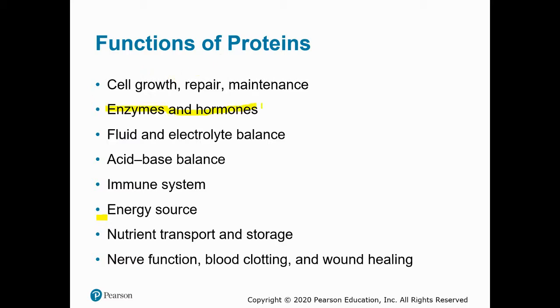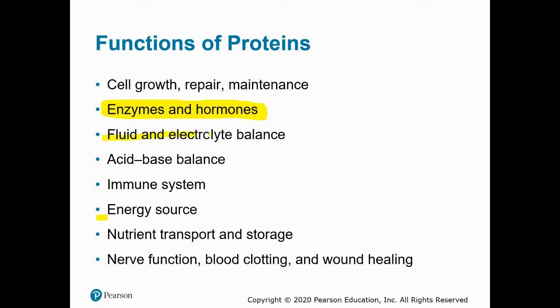So many of our hormones and enzymes are made from proteins. Right? We've just looked at pepsin, we've just looked at insulin, any of the enzymes we've talked about so far, like salivary amylase, trypsin, chymotrypsin, carboxypeptidase, those are all protein enzymes.